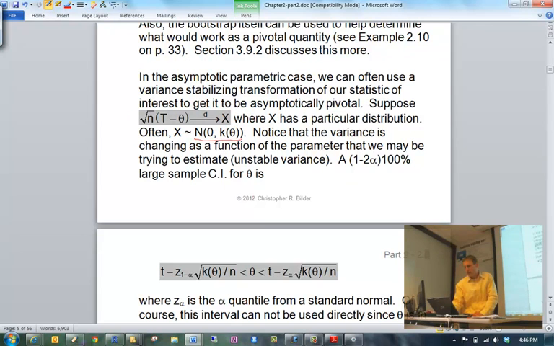X is distributed normal 0, k of theta. So the 0 there means that t is asymptotically unbiased. The k of theta there means I have a variance, and it's dependent upon my parameter of interest. That's not good, as you'll soon see.